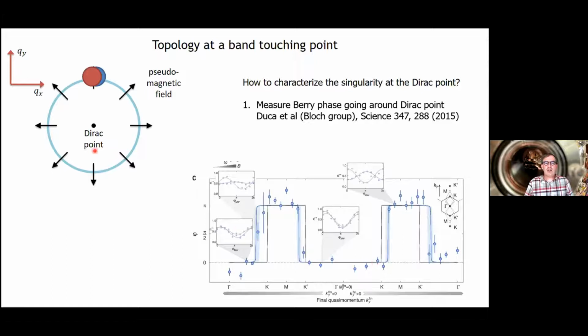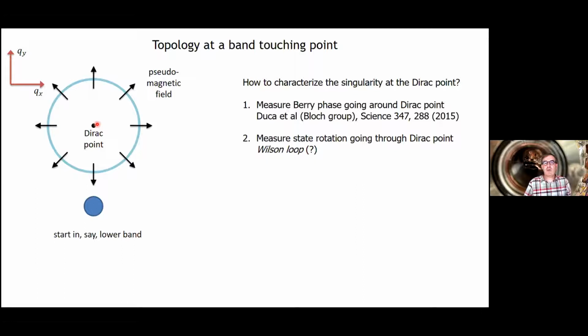And if they close the interferometer after passing through the Dirac point, they measure a Berry phase of pi. So they very clearly see that there's a singularity. There's, if you will, Berry flux, and it's entirely concentrated at the Dirac point, so that if you go around it, you pick up a factor of pi. So this is a beautiful demonstration of the singularity of the Dirac point.